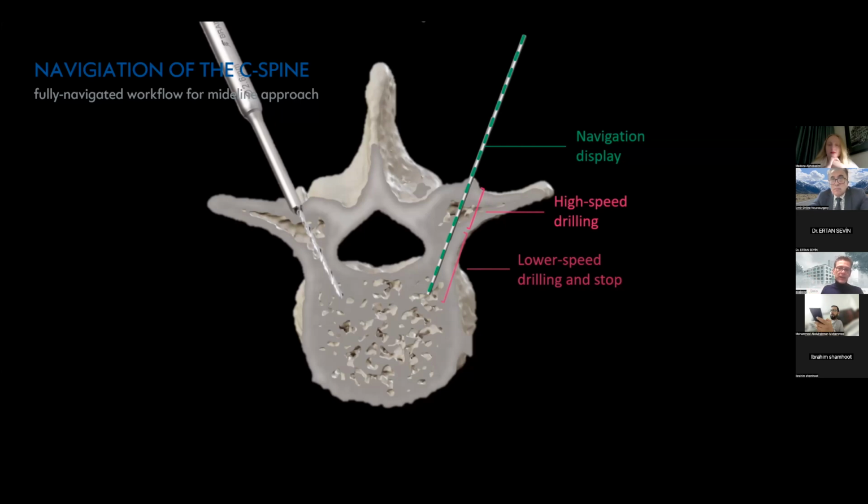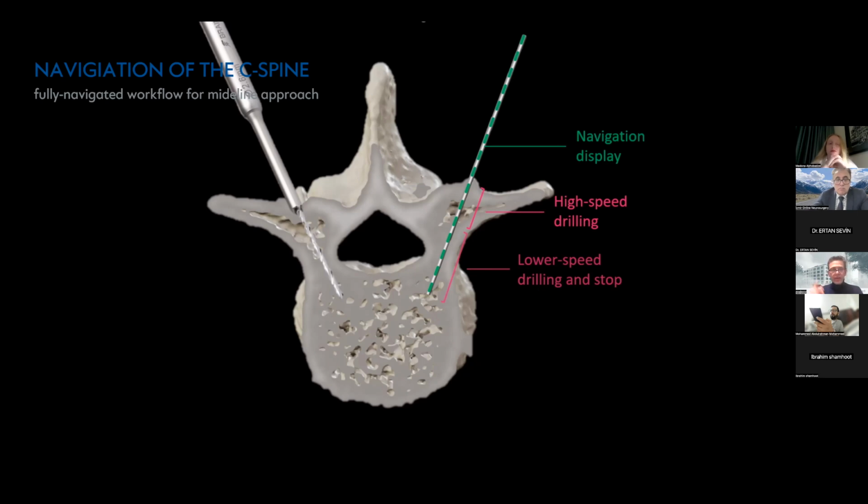We are drilling, the cannula is navigated. Then we are drilling into the pedicle. We are placing the K-wire. We are placing K-wires in all of the pedicles. And then we are controlling the position of the K-wire. And only if the K-wire is in the correct position, we are then placing the screws.